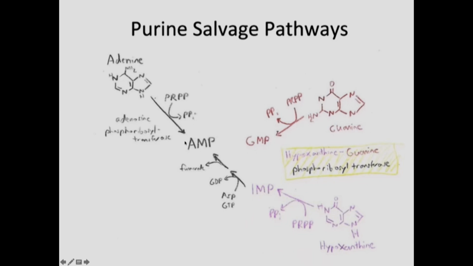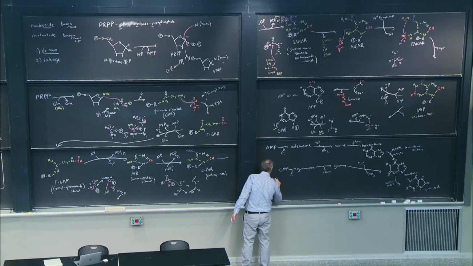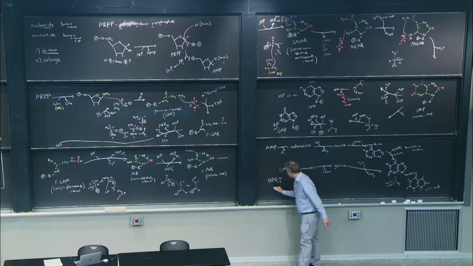And so different enzymes do this. This enzyme here, hypoxanthine-guanine phosphoribosyltransferase, which is how you take guanine or hypoxanthine and make IMP or GMP via a salvage pathway, is actually a very famous enzyme because it's part of an inborn error of metabolism called Lesch-Nyhan syndrome.